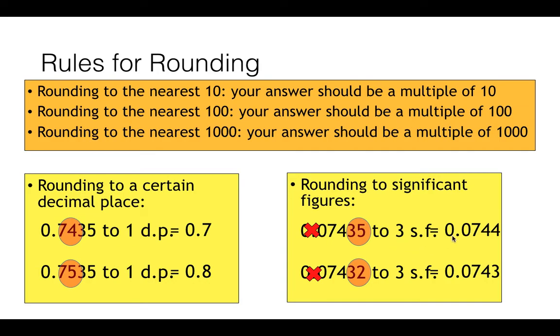So in this case I end up with 0.0744, and in this case I get 0.0743. So be careful with what figures you're looking at. So you work out how many significant figures you want, 1, 2, 3, and then you look at the number after that.